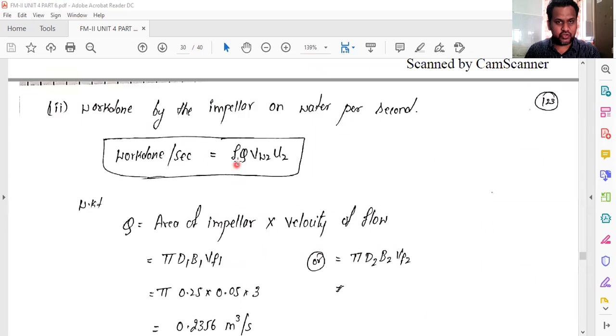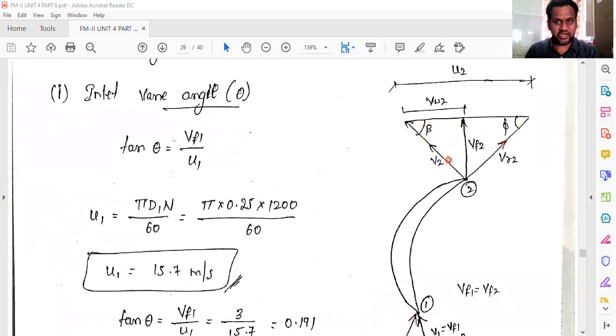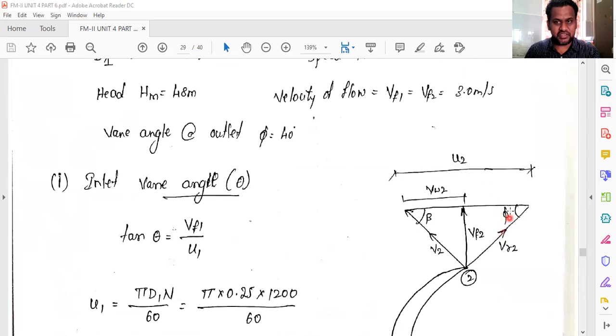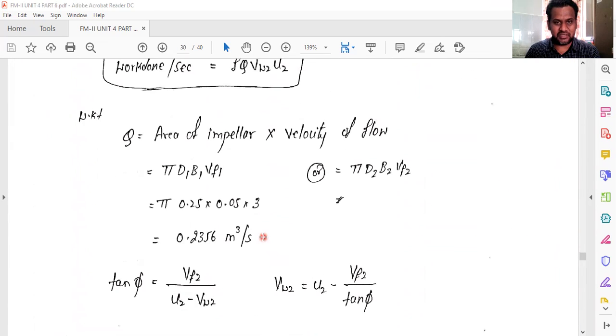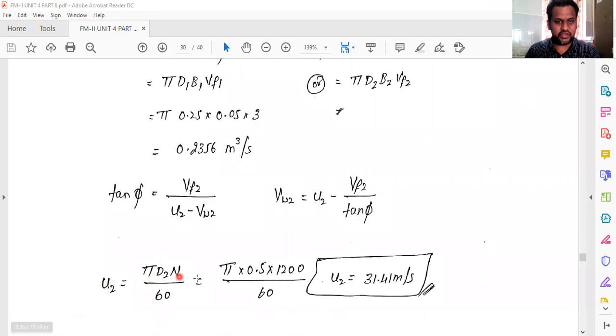So here you got Q, rho you know. Now I need to find out Vw2. To find Vw2, I have to take this triangle. So I consider tan phi. tan phi is equal to Vf2 divided by U2 minus Vw2. So you can see here tan phi is equal to Vf2 divided by U2 minus Vw2, or Vw2 is equal to U2 minus Vf2 divided by tan phi. U2 I can calculate using this formula, pi D2 n divided by 60.